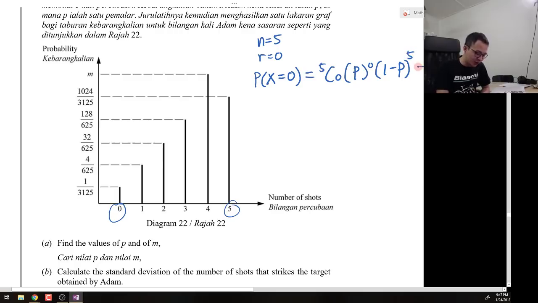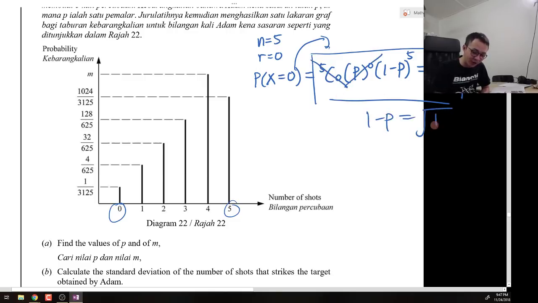So the whole thing should equal, what is the probability? 1 over 3125. Alright, so of course, write nicely. Okay, this one should be on the top. Okay, so I saw 5C0 is 1, P to the power of 0 is 1. So 1 minus P equals the 5th root of 1 over 3125.